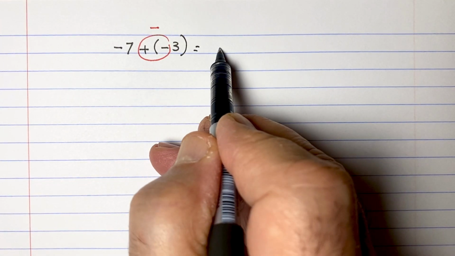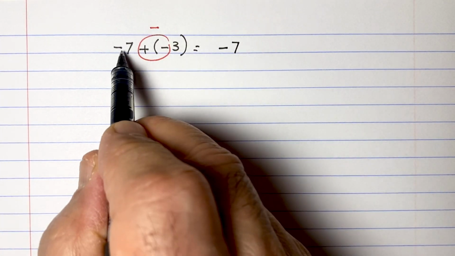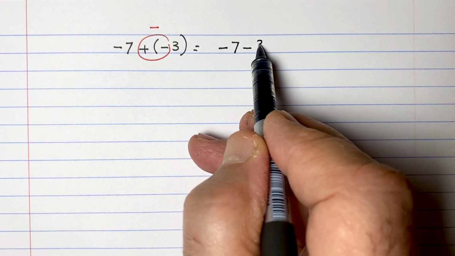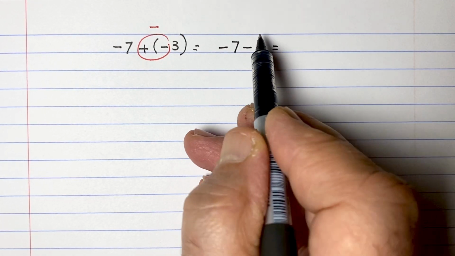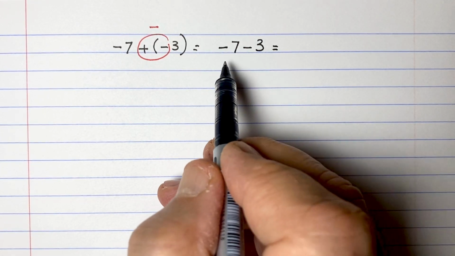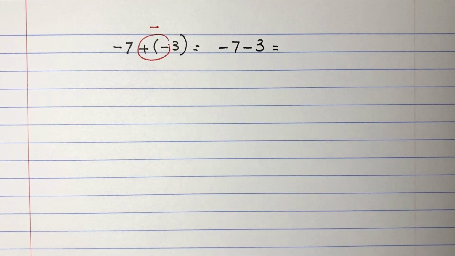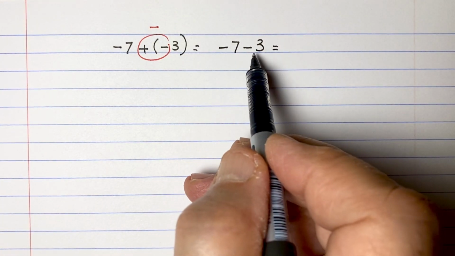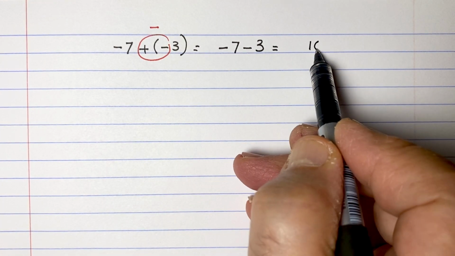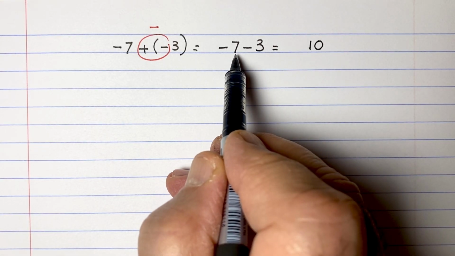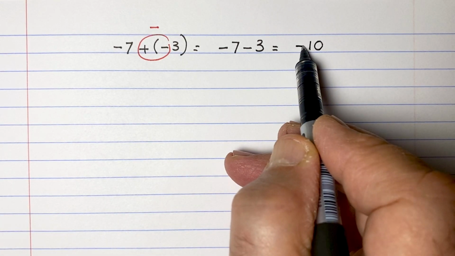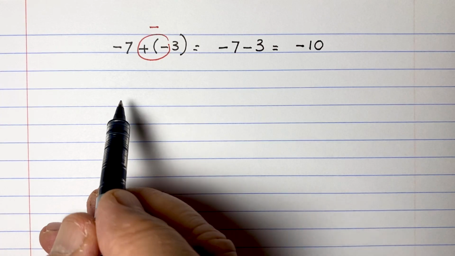So let me rewrite here, negative 7, negative 3. Now we can deal with this easily. You're not multiplying and dividing. The signs are the same. You add the digits. Bigger digit is 7, is negative, so the answer is negative. Look at the next one.